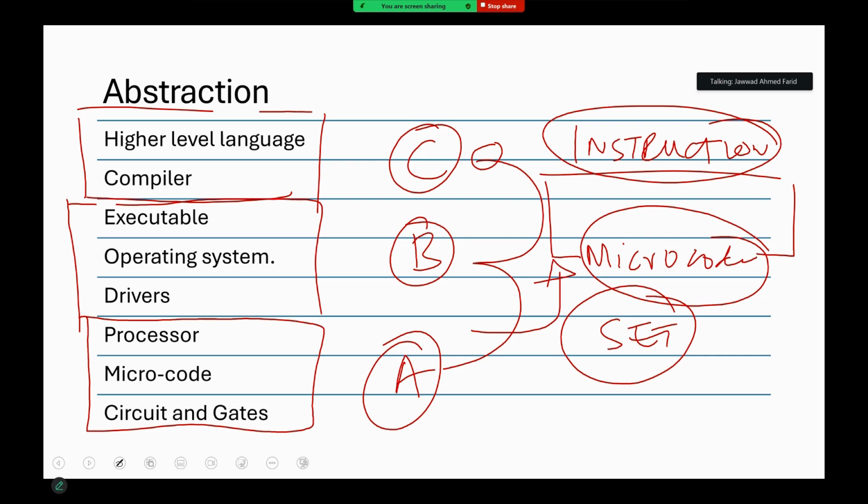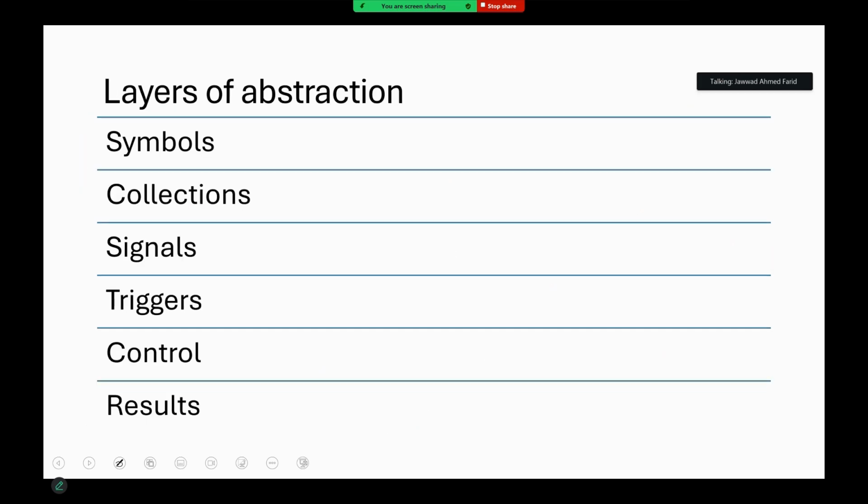जब हम abstraction की बात करते हैं तो हमारे पास बहुत सारे components हैं, right? So at the output level, result level, this is what we get, which is results, control, triggers and signals. लेकिन हम इसको manage कैसे करते हैं? Manage करते हैं through symbols. So binary जो आप language इस्तेमाल करें, 1s and 0s, hexa इस्तेमाल करें, these are all symbols. A collection of these symbols essentially becomes a language.